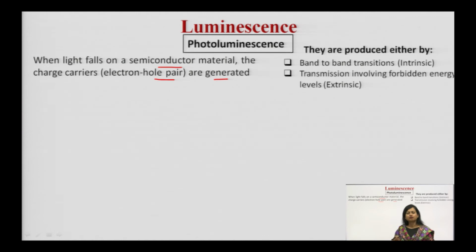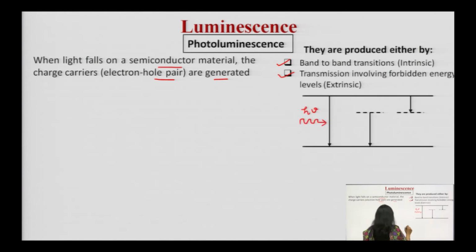It means they are creating a vacancy in the valence band, and this particular process is known as generation, which is nothing but electron hole pair generation. And these charge carriers are produced in two ways: band to band transition, which is known as intrinsic, or transition involving forbidden energy levels, which is extrinsic.